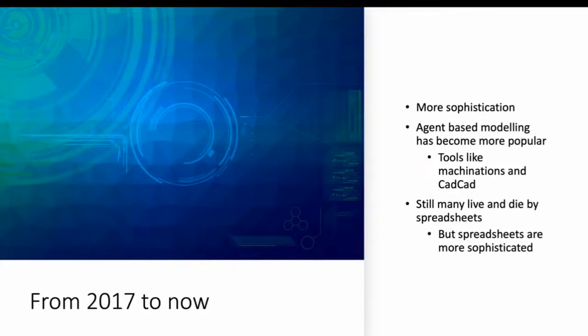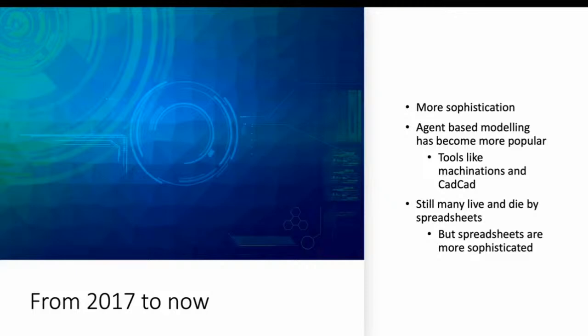So obviously, since 2017 until now, there's been more sophistication, not only in tokenomics, but also in the space as a whole, all right? So there were some innovations like DeFi that weren't really around back then. And agent-based modeling has become more popular than ever with tools like Machinations and cadCAD.